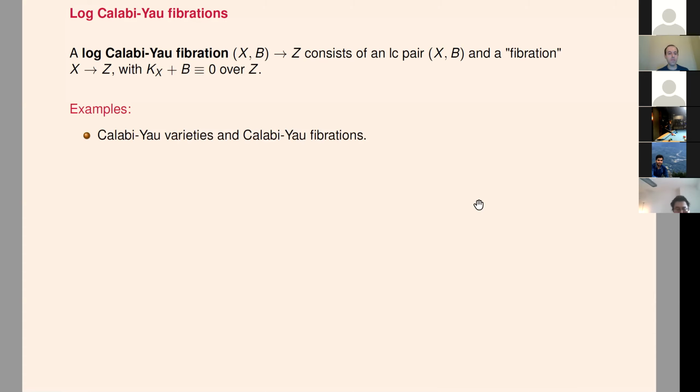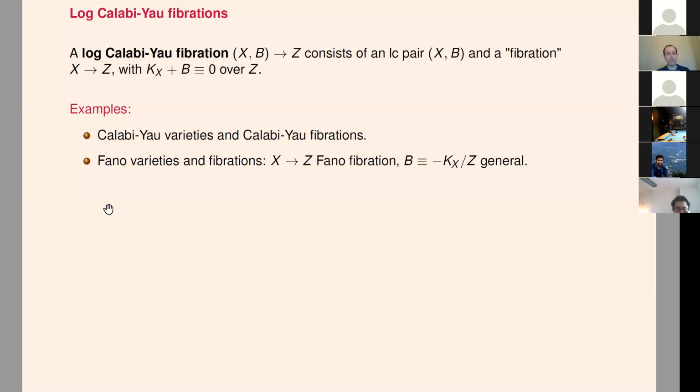So examples of this include Calabi-Yau varieties themselves by mapping them to just a point, or Calabi-Yau fibrations as I defined before. But if we also take Fano varieties and Fano fibrations, then we can get log Calabi-Yau fibrations out of them.